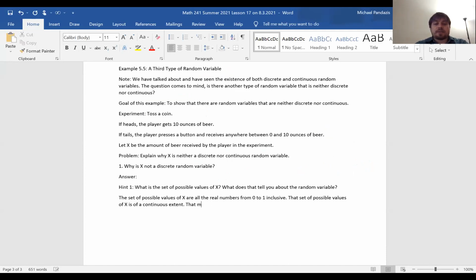That means that the set of possible values of capital X is not a discrete set, so that tells you that capital X is not a discrete random variable. That makes sense, Ahmed?